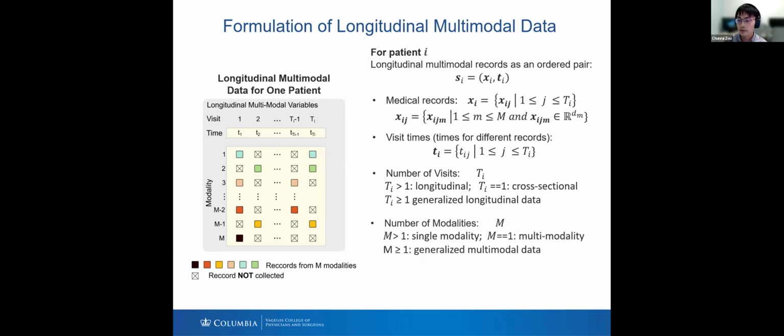Similarly, when there is only one modality, the data is of a single modality. In essence, we can view this longitudinal multimodal data as a two-dimensional sequence indexed by both time and modalities. The cross-sectional and single modal data are special cases within this framework.